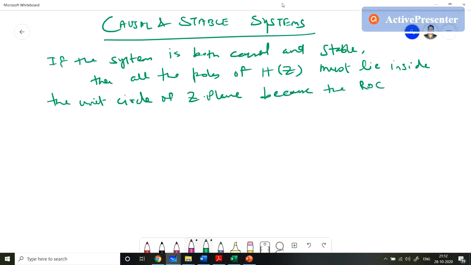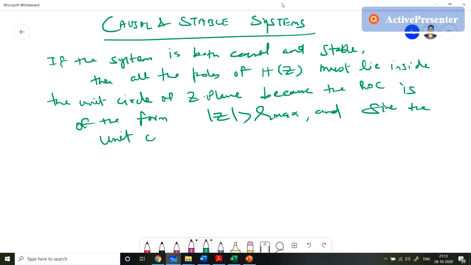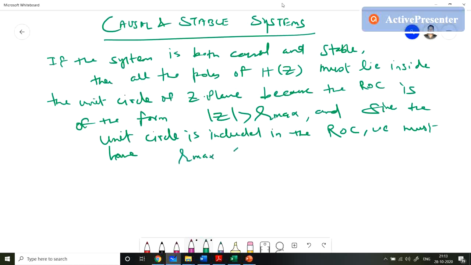the ROC is of the form modulus of z is greater than R max, and since the unit circle is included in the region of convergence, we must have R max less than 1.